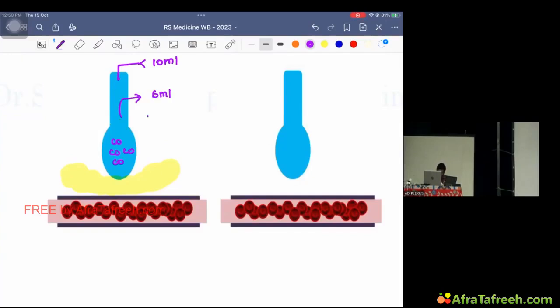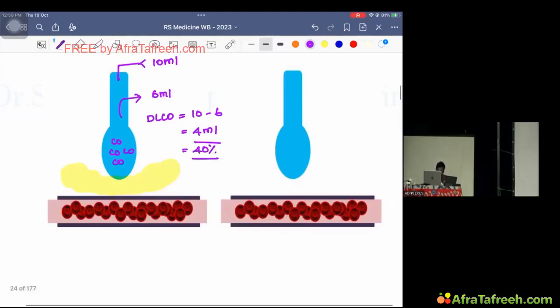Here DLCO is 10 minus 6, equal to 4 ml or 40%. What happened to the DLCO? Decreased.